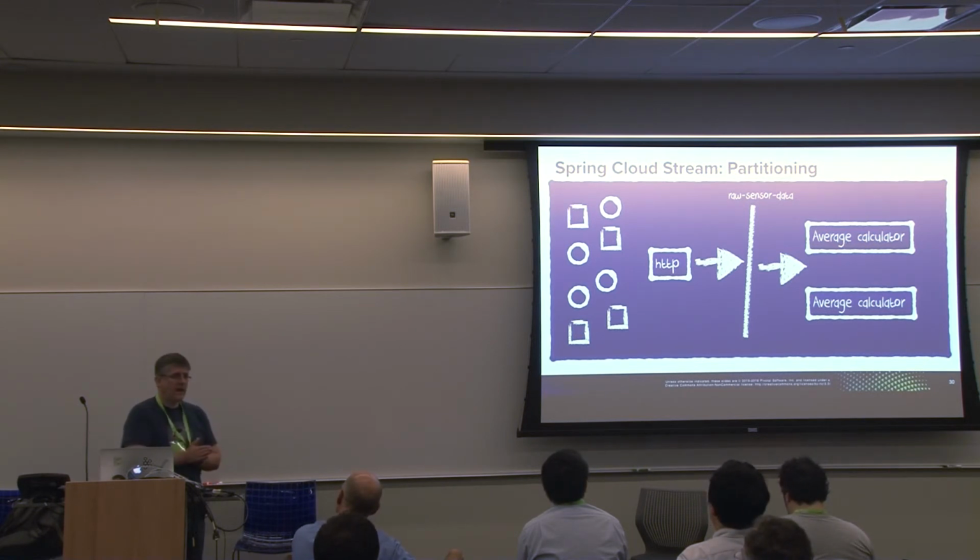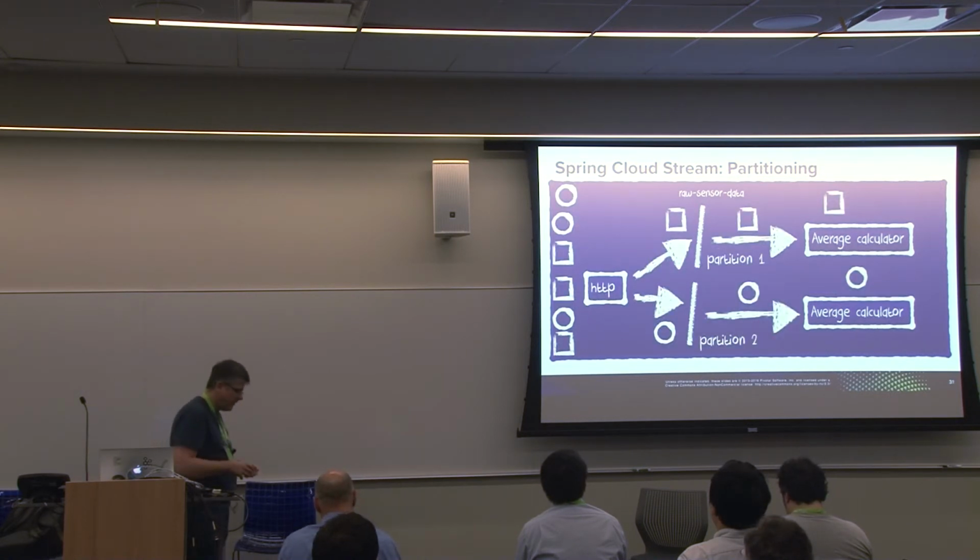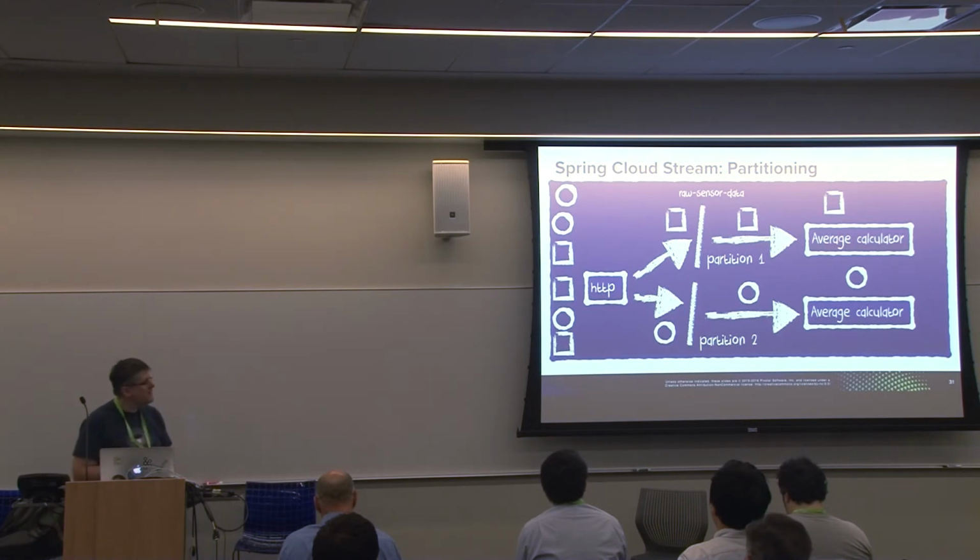And all of a sudden, I have two averages from two different nodes, which don't make any sense. So we've taken the particular step of, again, lifting partitioning as a high-level primitive and providing each output destination with the ability of specifying a partitioning strategy for the data.